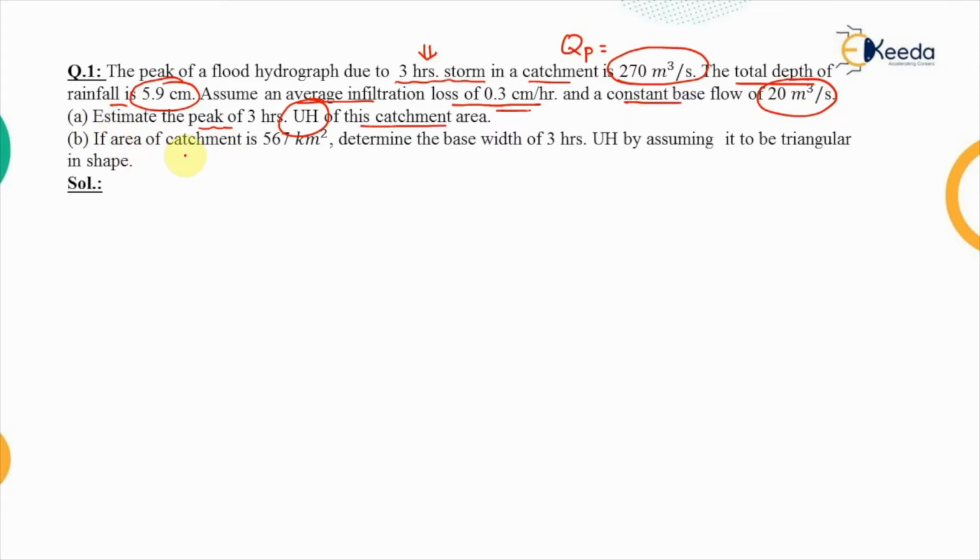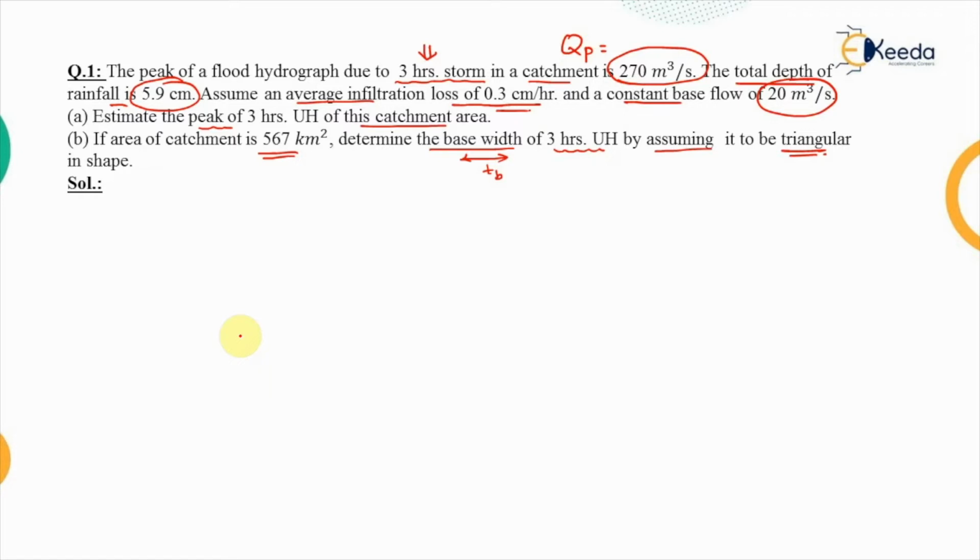Then, if the area of the catchment is given as 567 square kilometers, determine the base width, that means the base time of the 3 hours unit hydrograph, by assuming it to be a triangular hydrograph in this shape. So these are the things which we have to calculate.